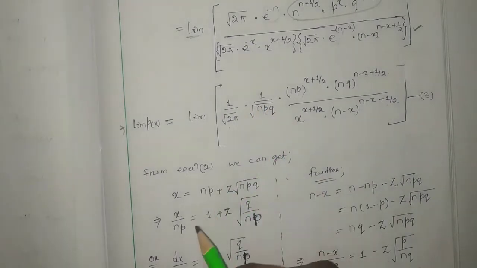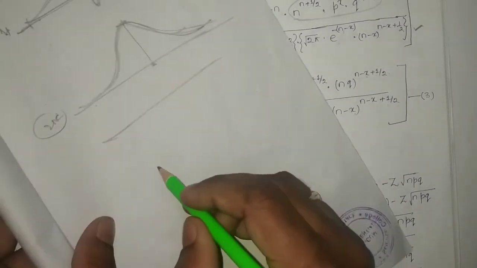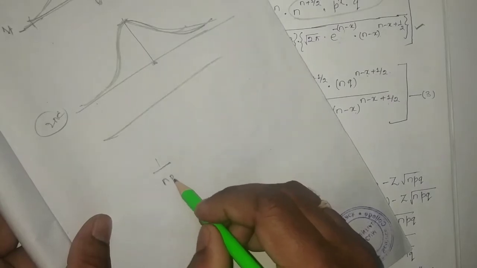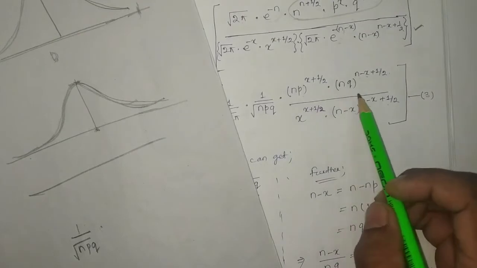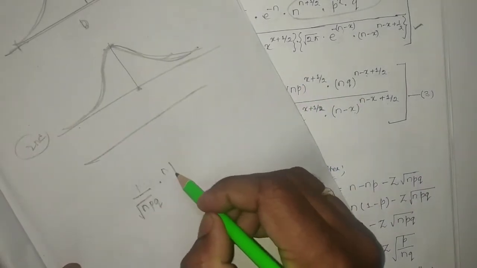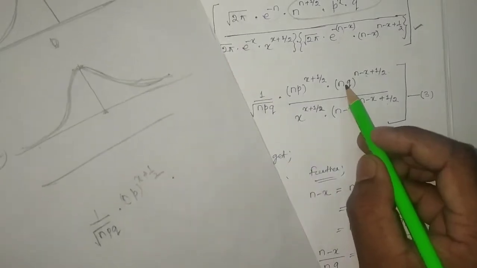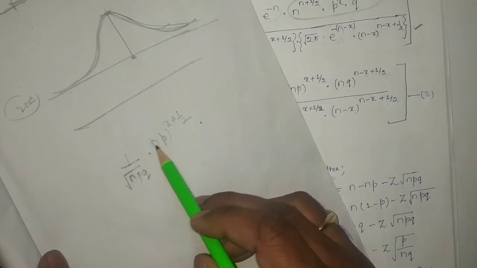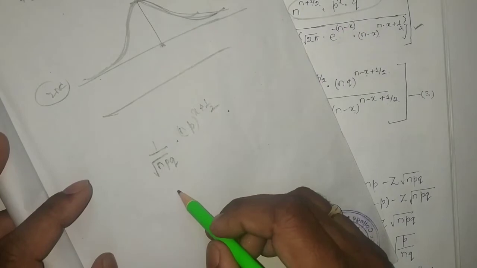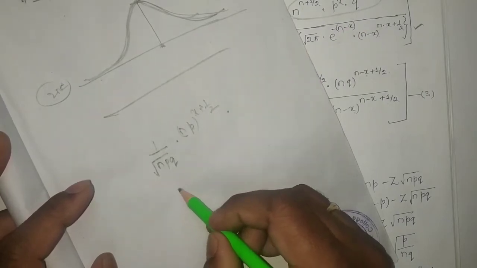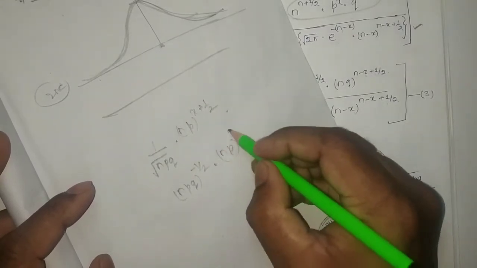You just check that npq is there. That means 1 by npq into, I am going to consider suppose this one, np to the power x plus 1 by 2. So here np is there, so if I take this to the numerator, it will be npq to the power minus 1 by 2 into np to the power x plus 1 by 2.